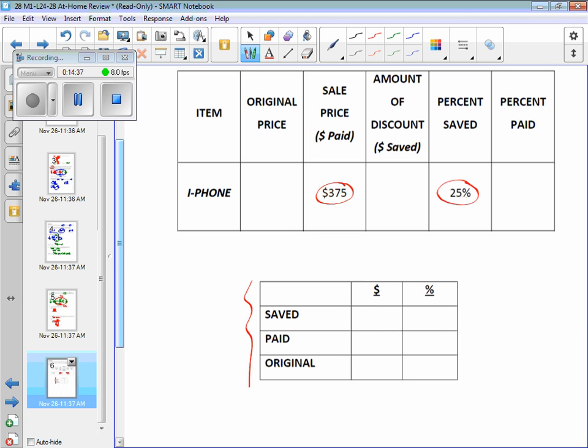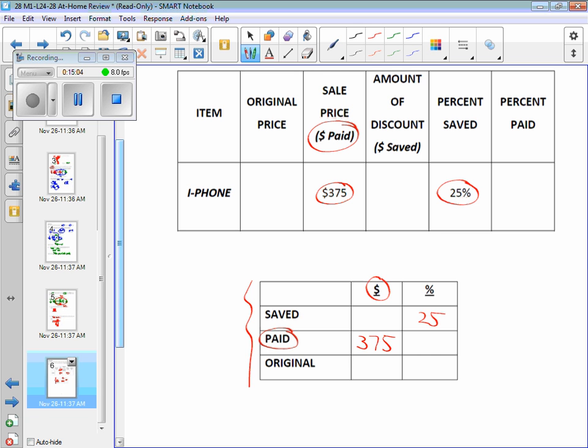So since 375 is the dollars paid, that's going to go in the paid dollars column. 25% is the percent saved. That's going to go here. And once you have those two amounts, you could figure out everything else, the four missing values.